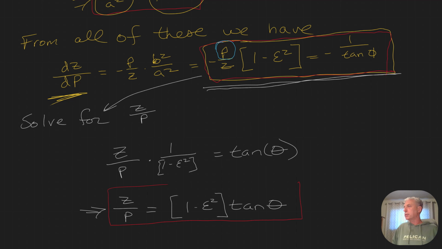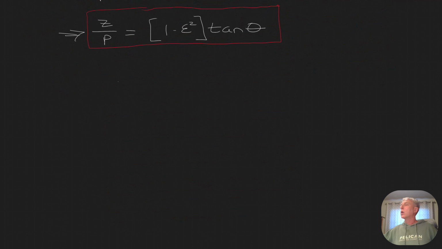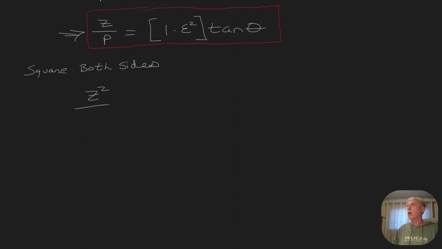Now we're going to use that. And scoot up, get some more writing room here. All right. So now we're going to do another little trick. We're going to square both sides. Well, why are you doing that, Rob? We're going to find out. That gives us z squared over p squared equals 1 minus epsilon squared, all of that squared, times tan squared phi.